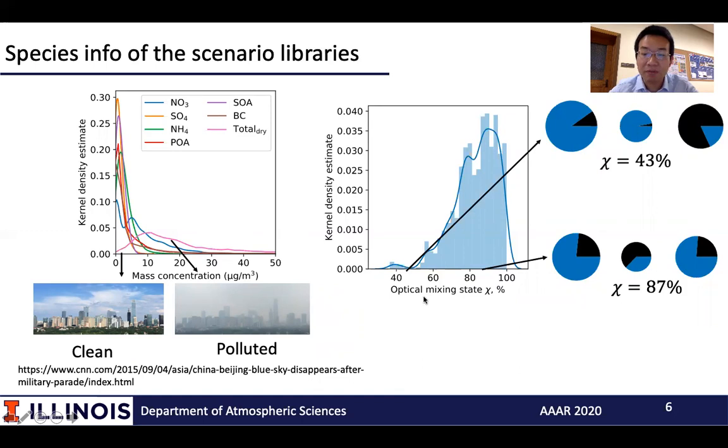And this is an optical mixing state histogram. We find most populations have chi larger than 60%. To recap what chi means, I take out two populations, one with chi equal to 43, the other with chi equal to 87. We can find that with higher chi, particles look more similar and more internally mixed.